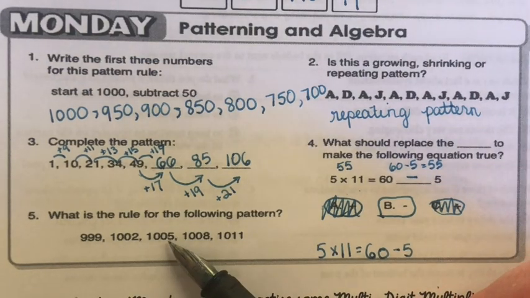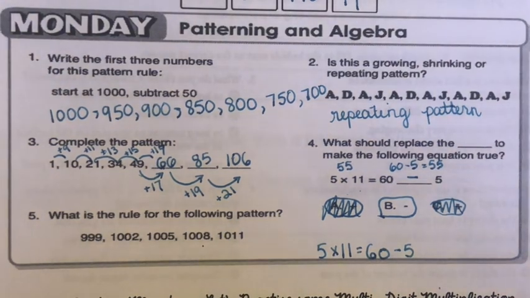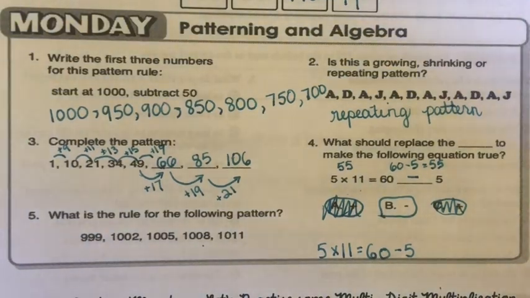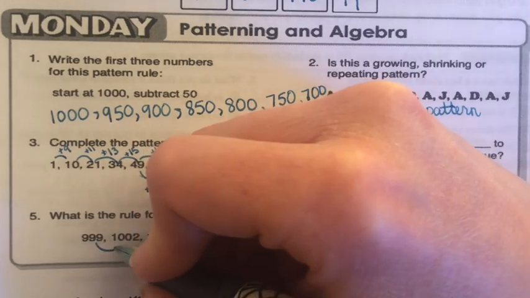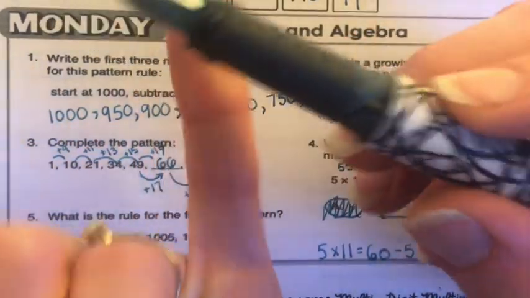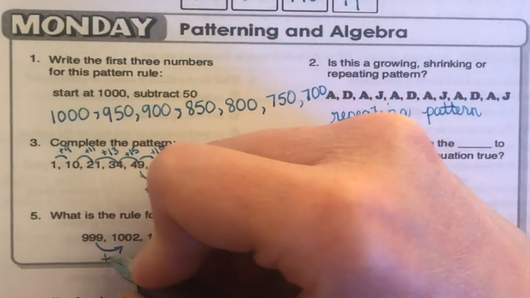All right, what is the rule for the following pattern? 999, 1002, 1005, 1008, 1011. So we have to figure out what it is increasing by. How much am I increasing to get to 1002? So 999, 1000, 1001, 1002. So this is plus 3.